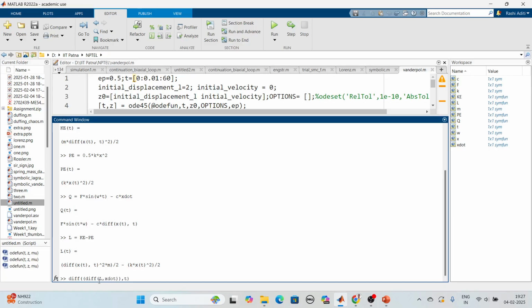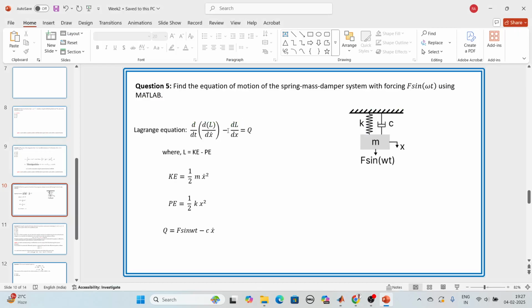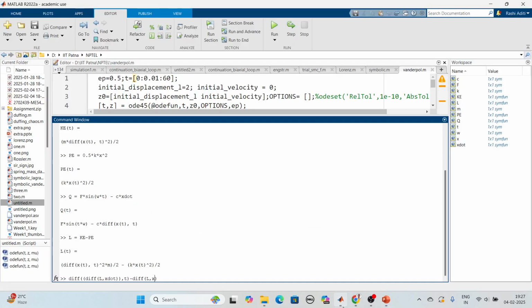You need to see it clearly. First, I have defined the differentiation of L with respect to x dot, and then another differentiation of this whole term with respect to time. Then I have a minus, then diff of L with respect to x. See, differentiation of L with respect to x. This is equal to Q.